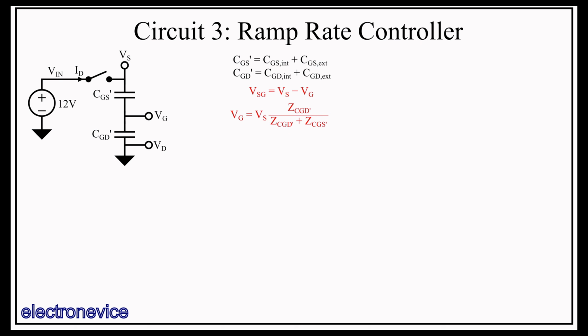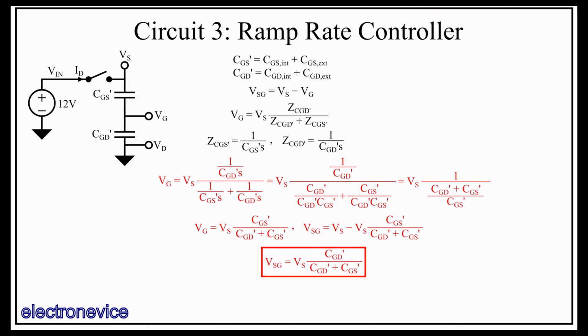VG is determined with this capacitive divider. Here I've used Z's to denote the impedance of each capacitor. As the whole thing is capacitive, all the Laplace variable S terms, which could also be written as j omega terms, cancel out, and when you go through the rest of the math, you get VSG equal to VS times CGD prime over CGD prime plus CGS prime.